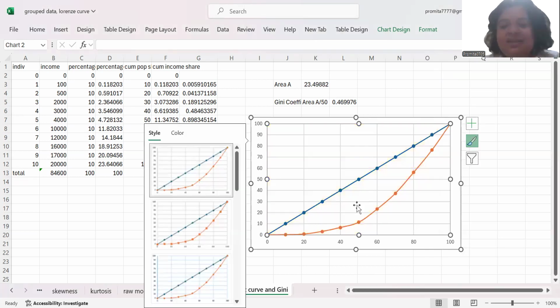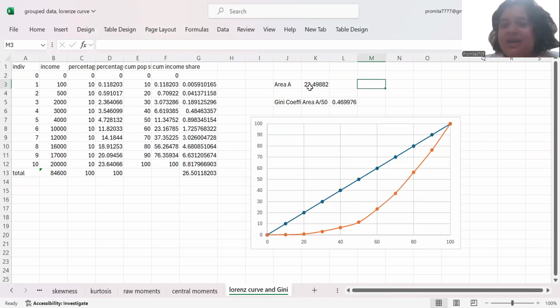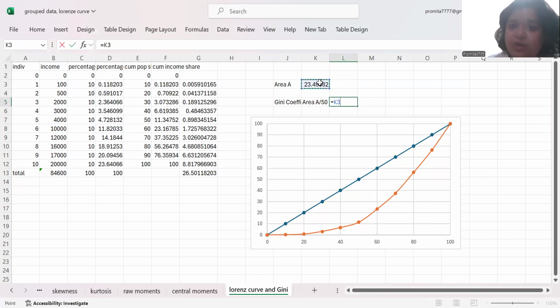The area in between this blue line and the orange curve is basically area A, which is 50 minus this 26.50. And Gini coefficient is the ratio between area A and the total area below this blue line, which is 50. So it is basically equal to this thing divided by 50. So this is my Gini coefficient.